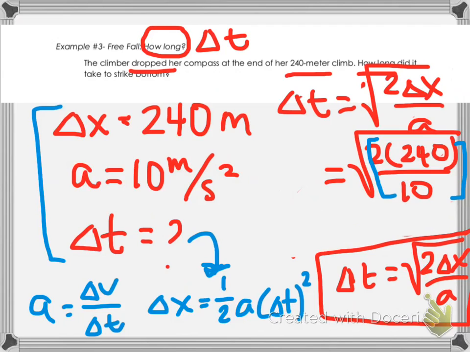So I would do 2 times 240, which gives me 480, divided by 10. So then I have the square root of 48, which gives me an answer of 6.9 seconds.